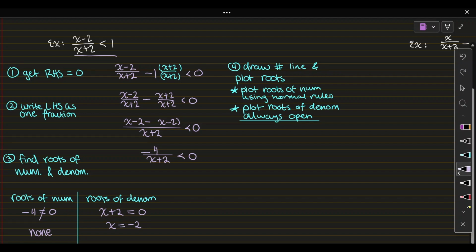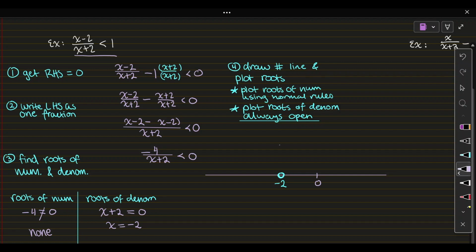So drawing my number line here, I'll draw 0 here. Negative 2 will be right here. And because it's a root of the denominator, I leave it open. So I'm not including it.